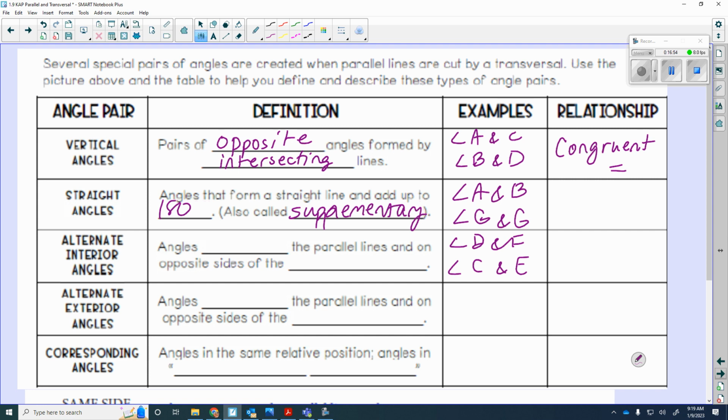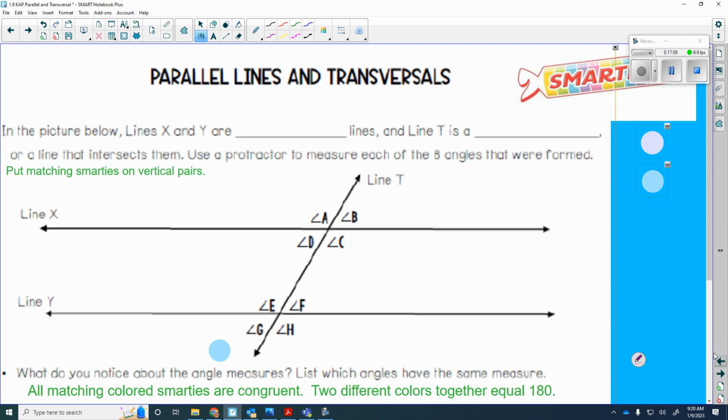Okay, now let's put the words in here that they want. Angles that are inside the parallel lines and on opposite sides of the transversal. Now, let's look back at our picture. D and F, C and E. What was their relationship to each other? I'm going to put my notes back in here.